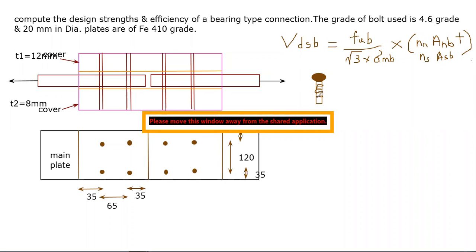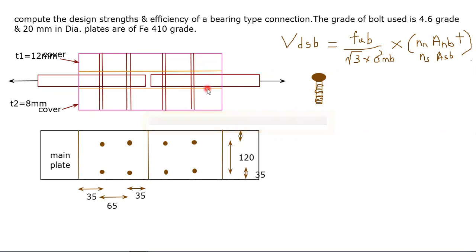We are not considering the shank anywhere. Okay. So therefore, how many shearing planes are here? At this location, top plate is there, and bottom plate is there. So here is one shearing plane, and at the bottom there is another shearing plane.